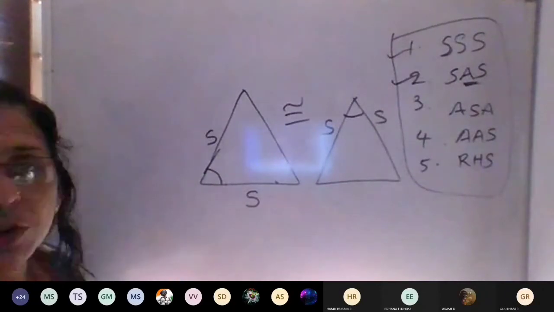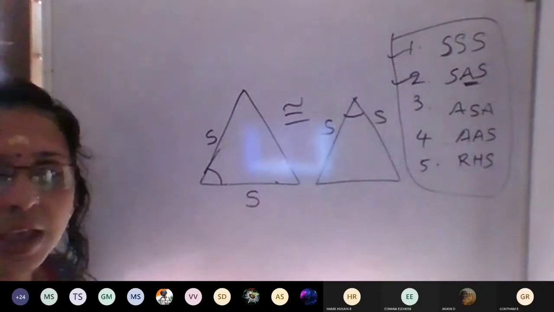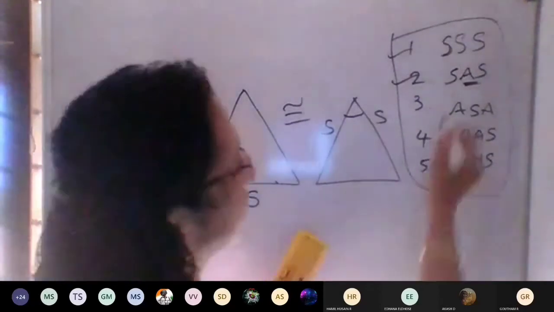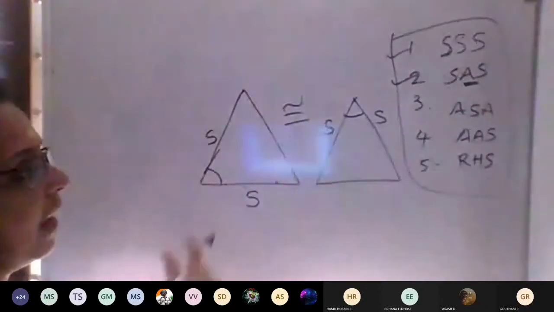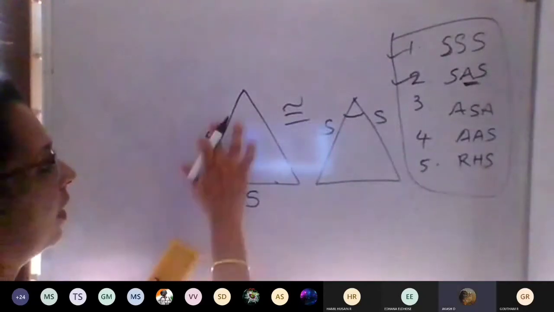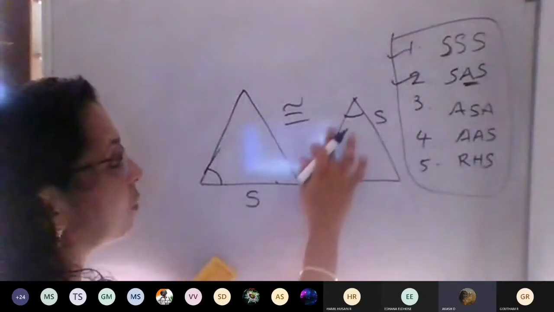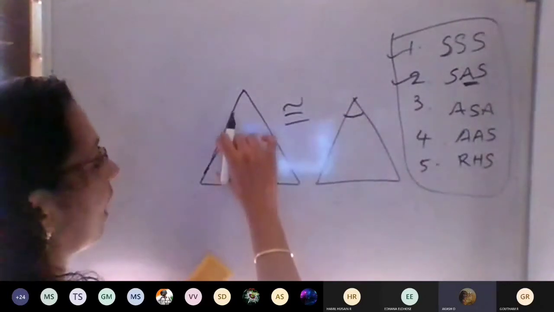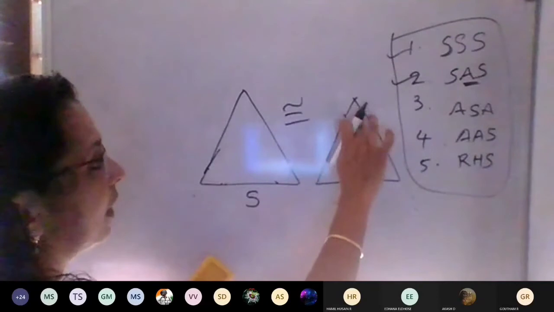Second one, then what about ASA? ASA is same as SAS. ASA means two angles and the included side, not just one side.